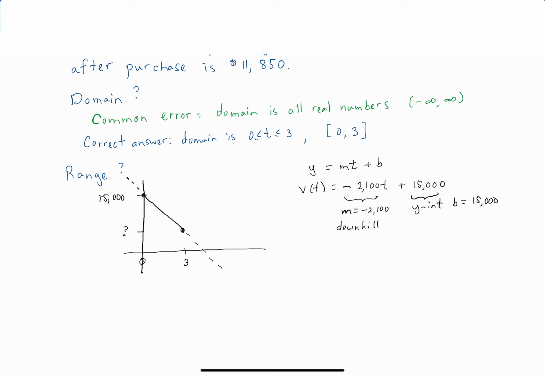So all we need to do to determine the range is figure out what goes in for this question mark. And, well, that would be whatever V(3) is. Whatever the value after 3 years is. V(3) is -2,100 times 3 plus 15,000. So that's -6,300 plus 15,000.